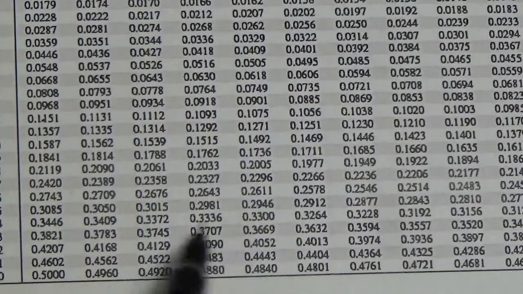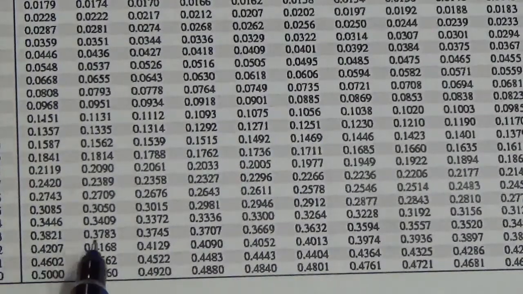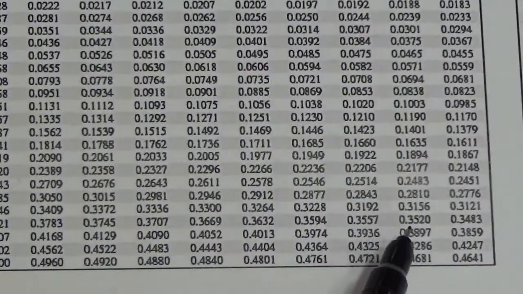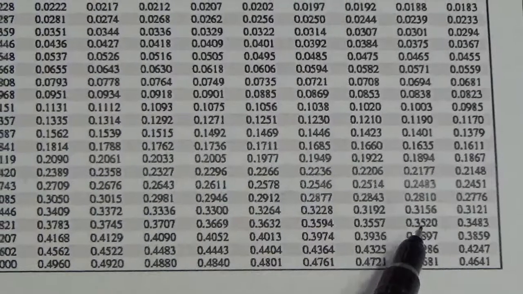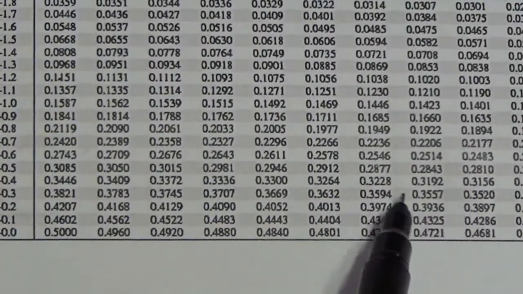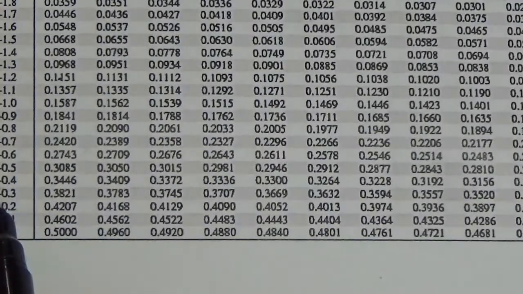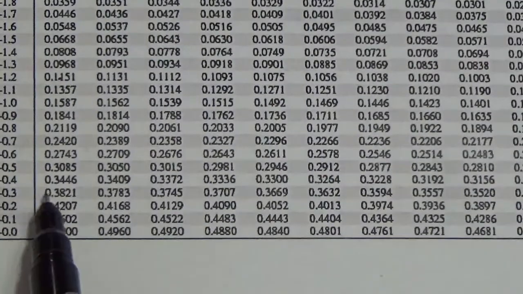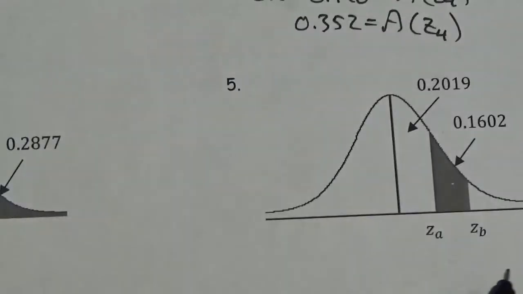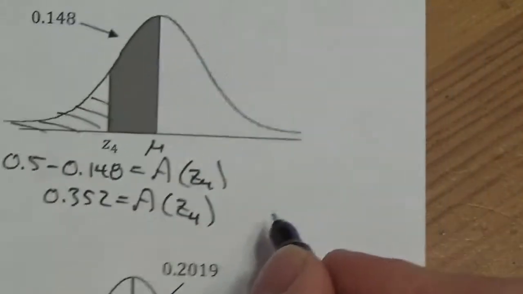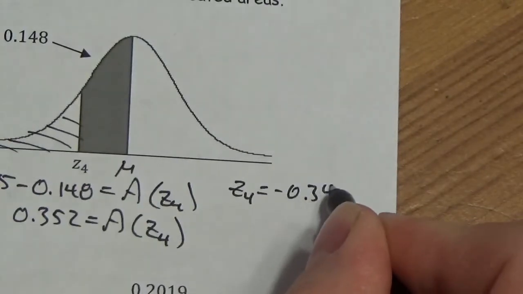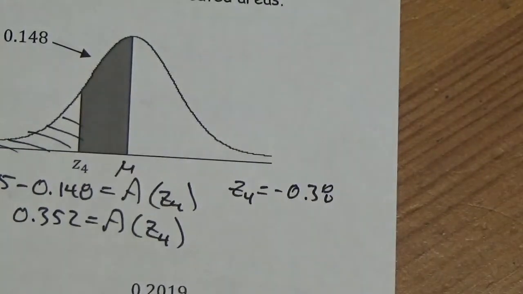It's getting smaller here, so let's go up, 0.38. Well, 0.35, there it is, 0.352. So let's take a quick look. So 0.3520, if I go right over here, that's negative 0.3. And if you go up, 8. So Z is negative 0.38.